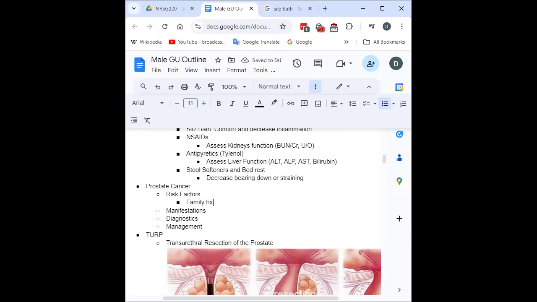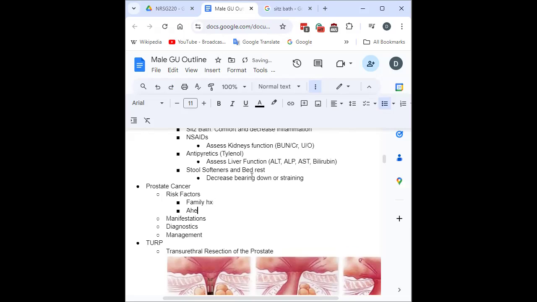Remember, one of your highest risk factors for cancer in general is your age. Yeah, so in general, your age. What else you guys got?